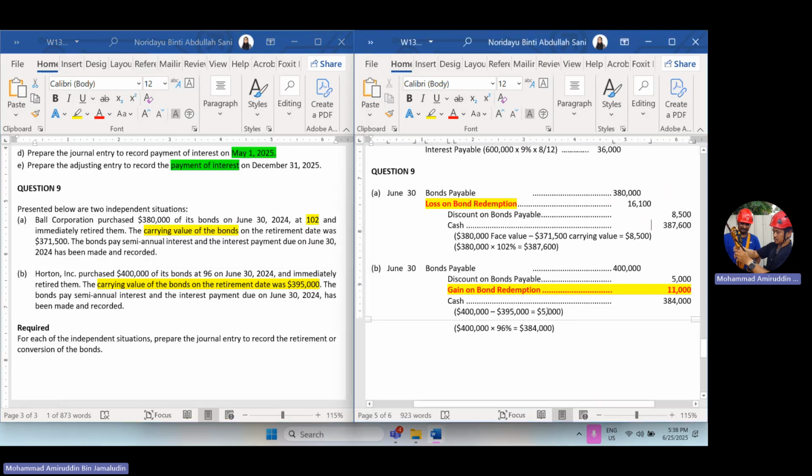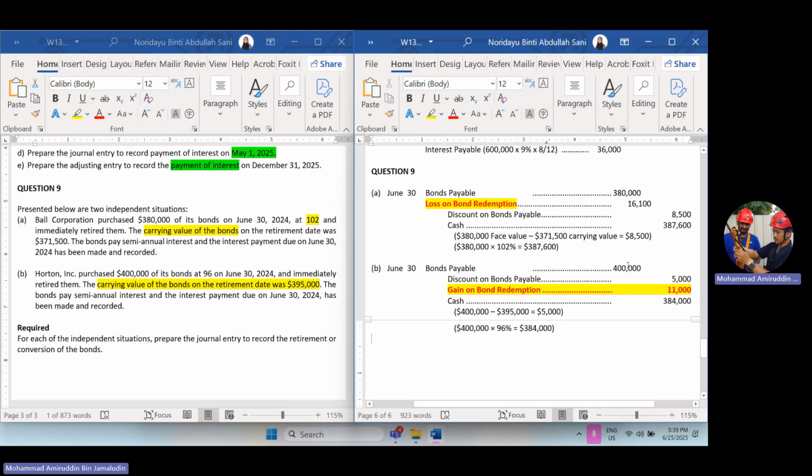So I get the 5,000. So that's the discount. Okay. And then how much I pay, I compare with my face value and the 96, the bond issued at discount. So 400,000 multiply 96%, 384,000. So this is the amount that I'm going to pay.